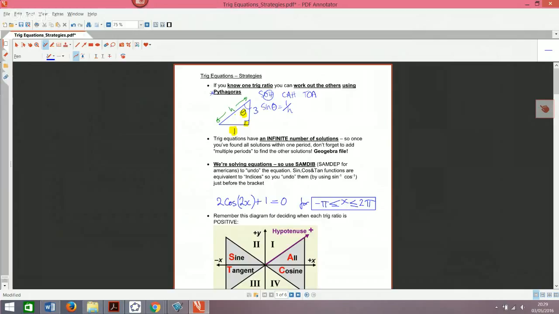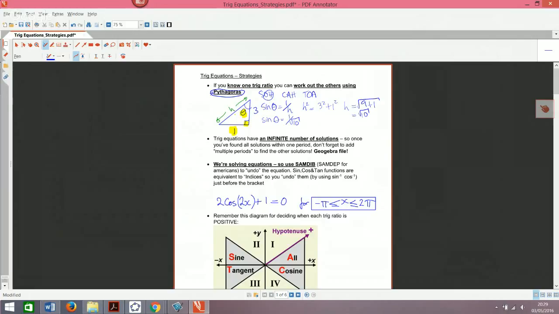Yes, we can, and that's where Pythagoras comes into play, because we know that h squared must equal 3 squared plus 1 squared. And so if I just want h, all I have to do is square root both sides, and 3 squared is 9, and 1 squared is 1, so actually h is the square root of 10. And with that, I can now say, great, well, sine theta I know is 1 over root 10.